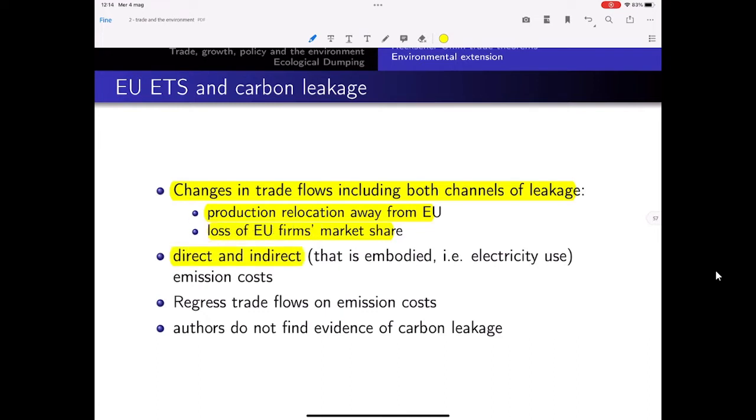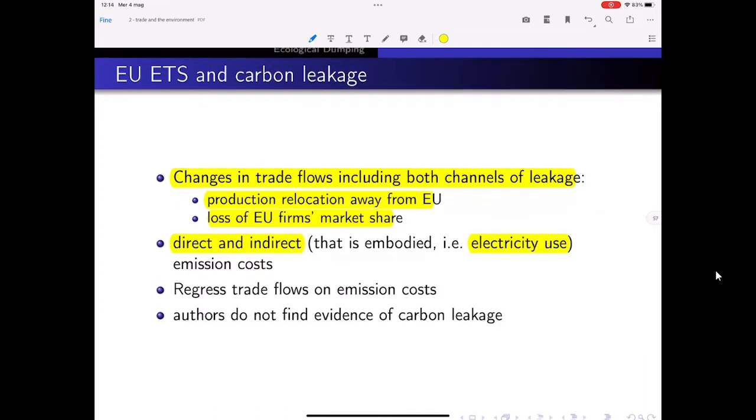The indirect costs are mainly electricity use. So these are the main indirect costs. And then what they do is they regress the trade flows on emission costs. So first of all, establish emission costs, direct and indirect, and then see how emission costs affect trade flows.